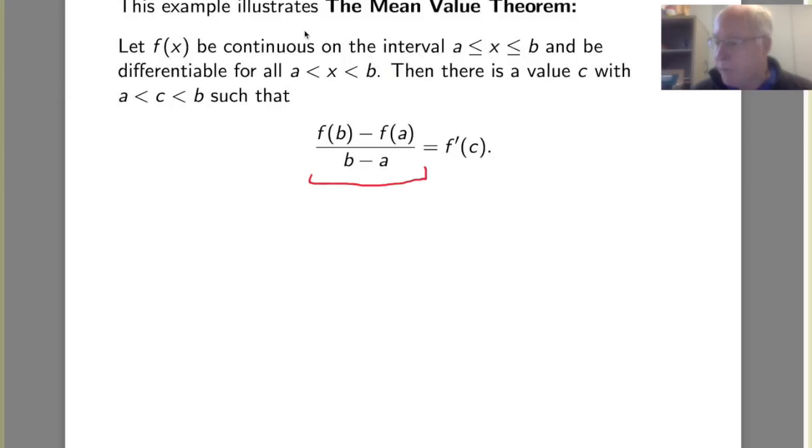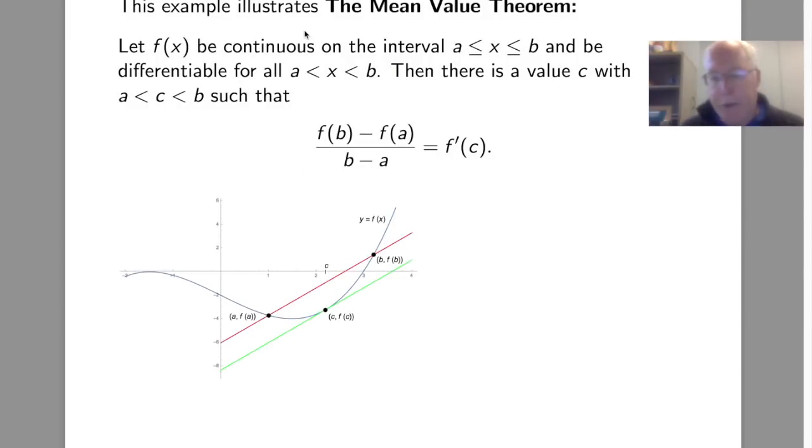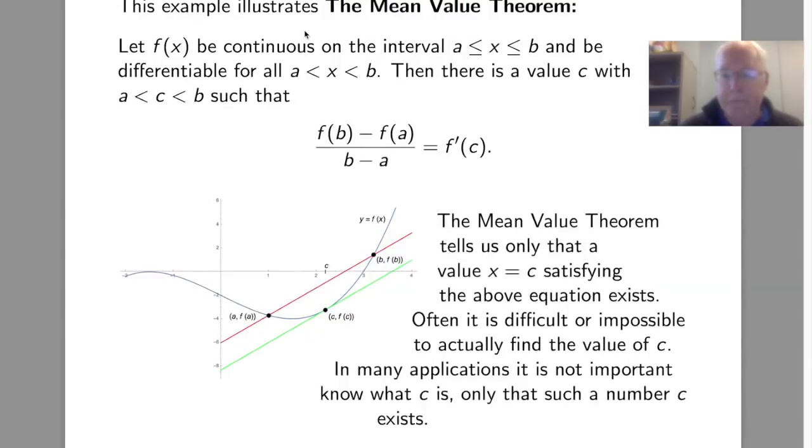So you can either think of this as an average rate of change equaling an instantaneous rate of change, or a slope of a secant equaling the slope of a tangent. We've just repeated the picture of the previous page. Here's what that looks like in a geometric setting, the secant line in red and the tangent line in green.